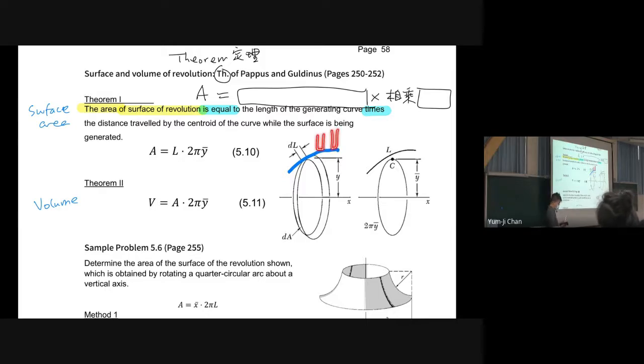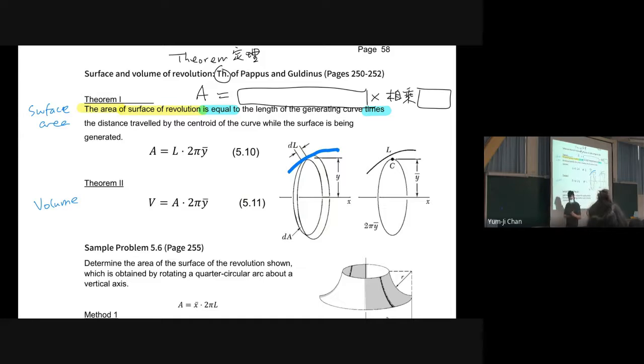You move the cutting tool of the lathe here, and then the lathe is turning, and then we get this surface area.